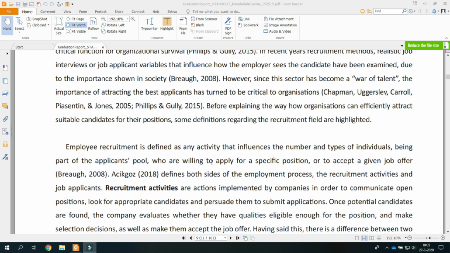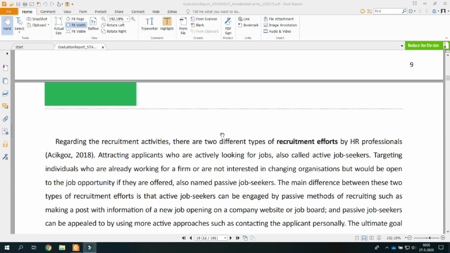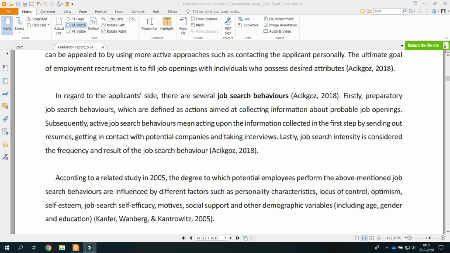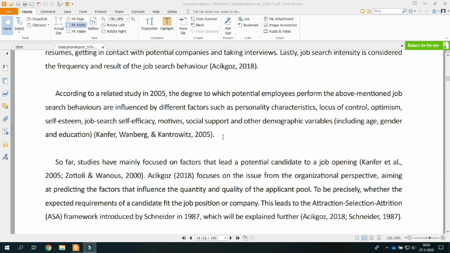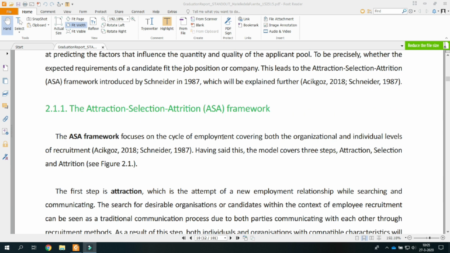It defines both sides of the employment process. And if we continue, then she explains what this employment process is, how job search behaviors work, and they mainly focus on factors that lead to a potential candidate to a job opening.